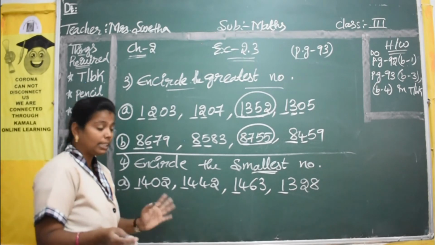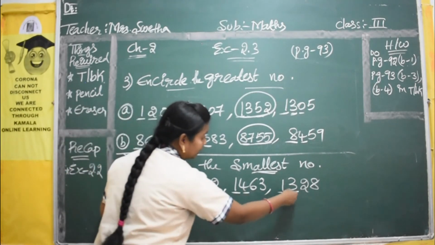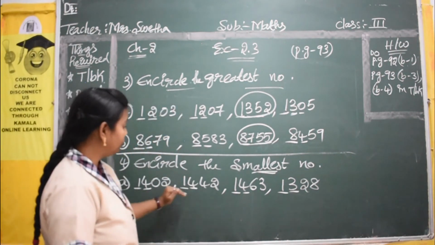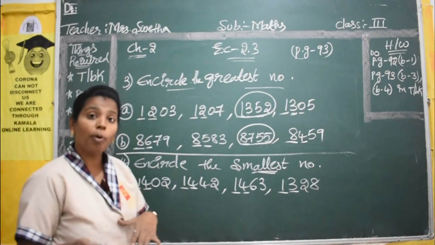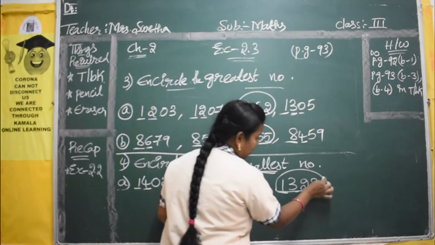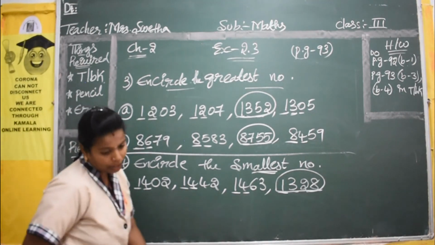All the numbers are the same. So go to the next digit, 4, 4, 4, 3. Yes, I think you have identified which is the smallest one. You have three sets of 4 and the other is 3. So which is the smallest one? Yes, number 3 will become the smallest one. So this complete set will become the smallest number. So that is about your first one.